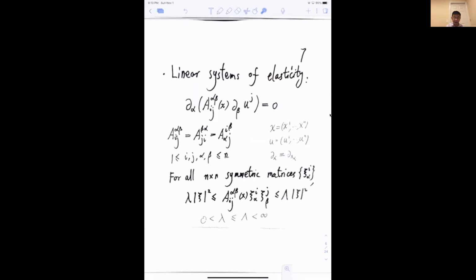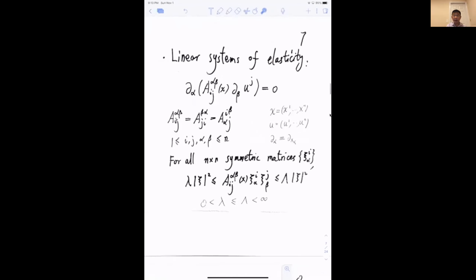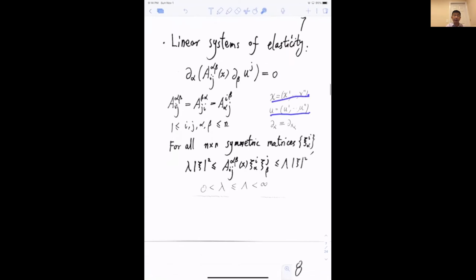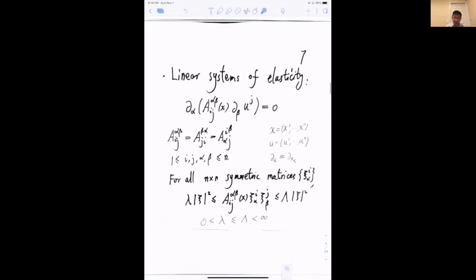So what is the linear system of elasticity? It is like this. The number of equations, u1, u2, un, and the number of variables, x1, x2, xn, are the same. These are the coefficients.